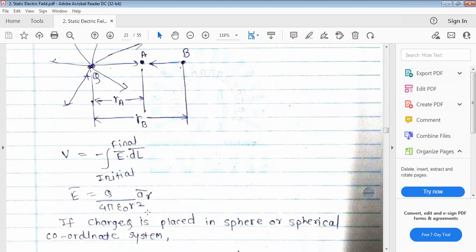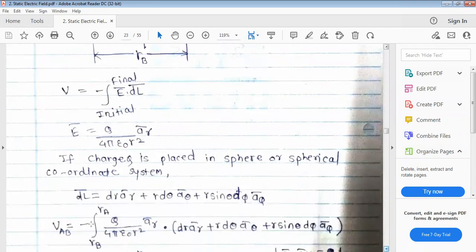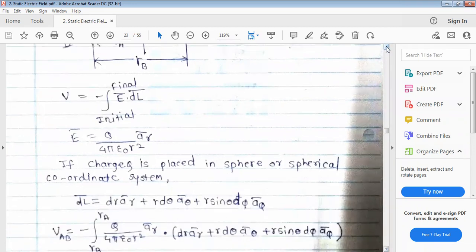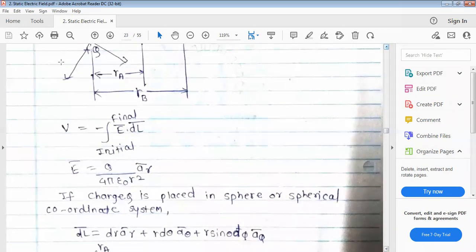So when we are considering this charge in a spherical coordinate system, I am considering that this charge is placed in a spherical coordinate system. We are finding V, and V is equal to minus integration from initial to final of E bar dot dL bar.